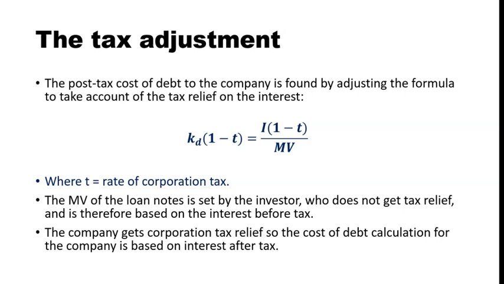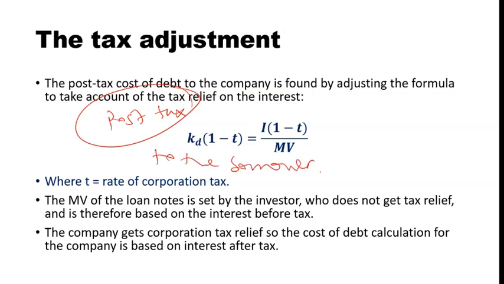So KD to the company or to the borrower is actually KD(1 minus T). It should be a post-tax cost of debt. Post-tax, this is to the borrower. Which means the interest I is going to be adjusted by 1 minus T, where T is the rate of corporation tax.